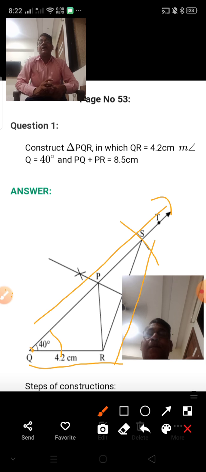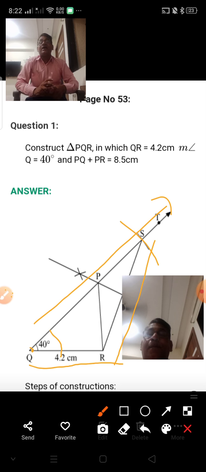After that you have to keep the compass on S, take a distance more than half, and draw an arc here, another arc here, and then join this line.